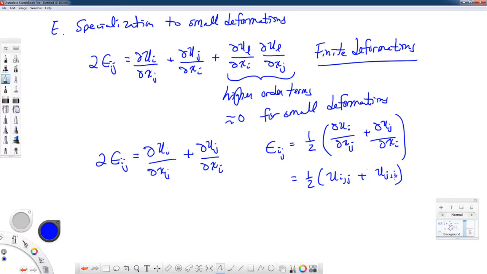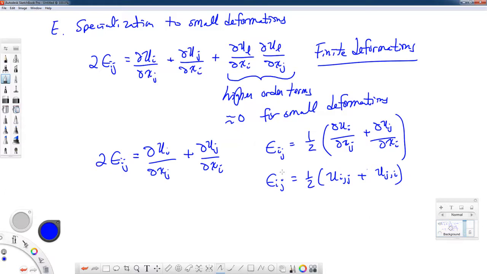And if you've taken a class, probably beyond your first class, mechanics of materials, a class that deals with stress and strain analysis, you may have started with this definition of the strain tensor. Now, it's also interesting to note that if we had the Almansi strain tensor, it would reduce down to the exact same thing as what we have here.